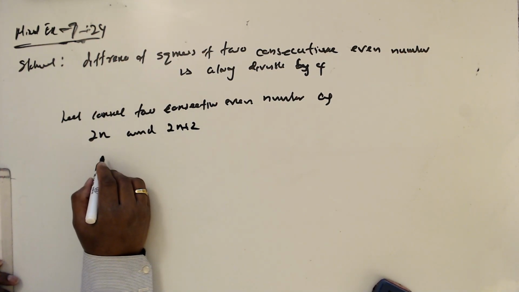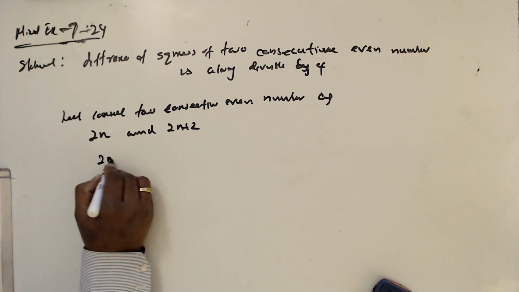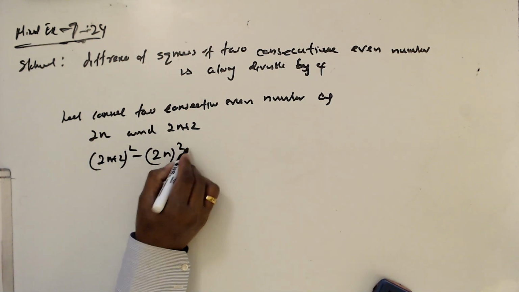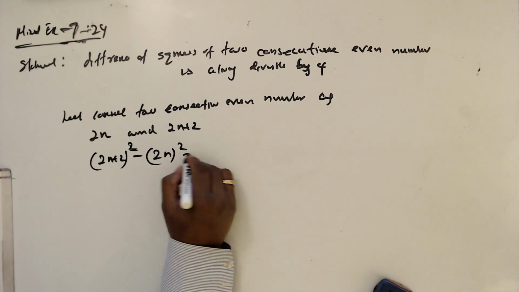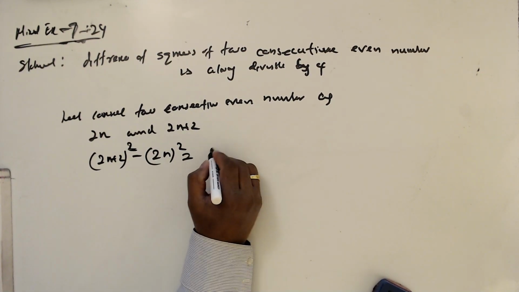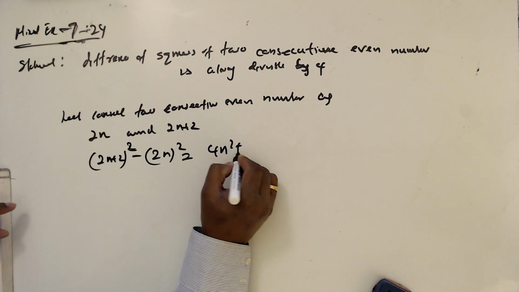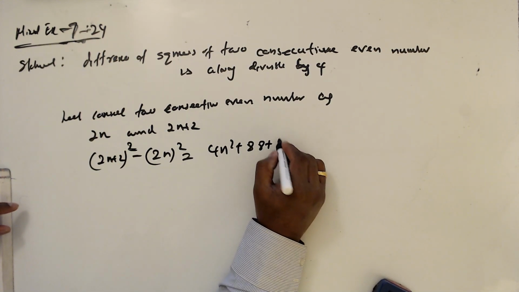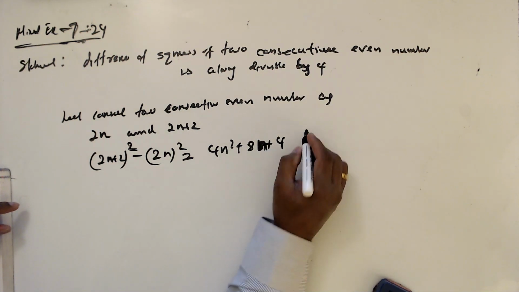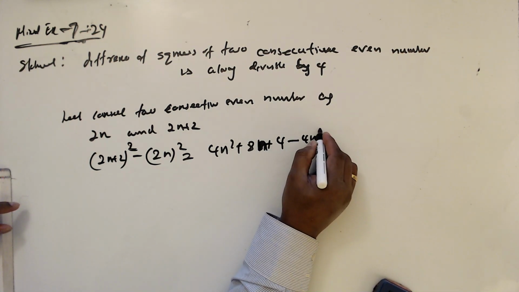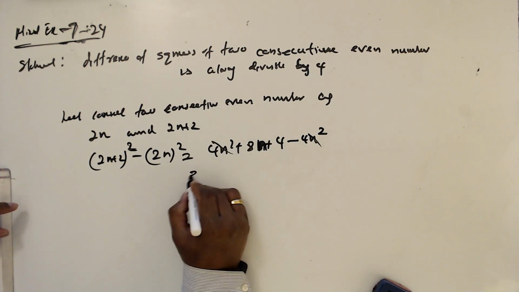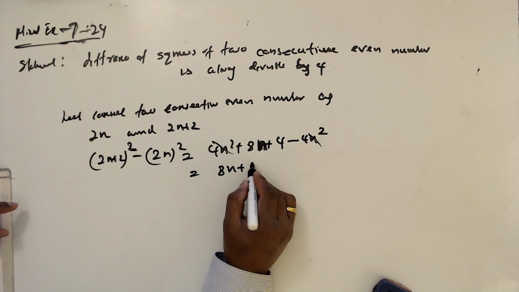Then (2n plus 2) squared minus (2n) squared. We'll find the answer. This is going to be 4n squared plus 8n plus 4 minus 4n squared. This cancels out. It is going to be 8n plus 4.